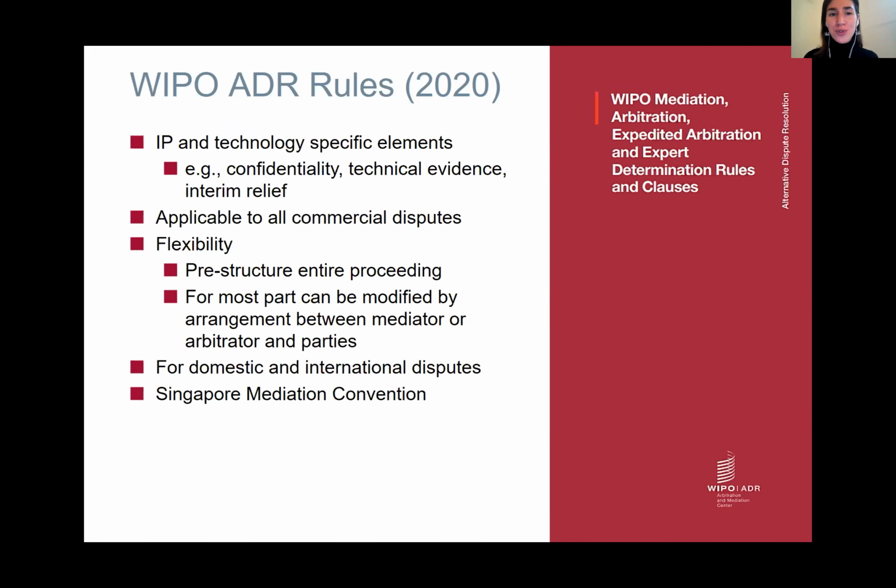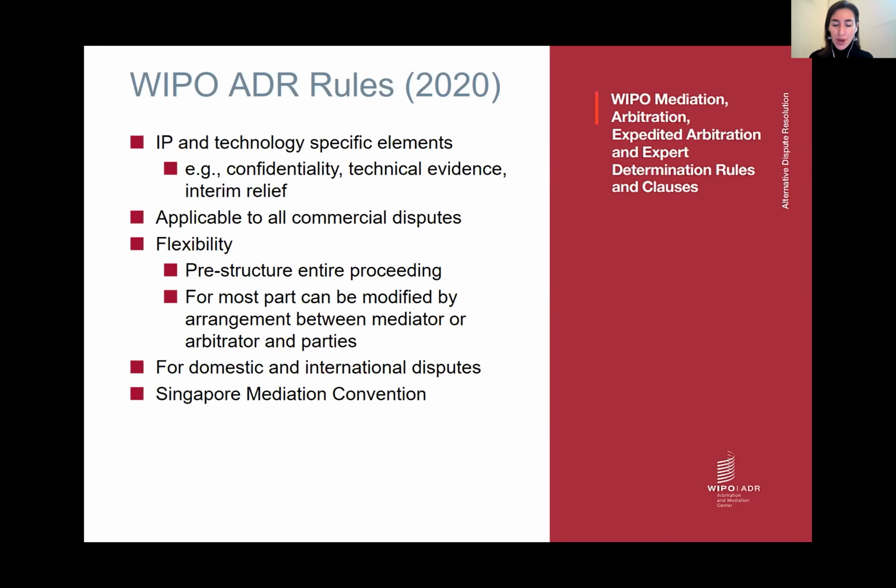Of course, we do have rules, mediation rules, arbitration rules. And these rules, they are applicable and suitable for all commercial disputes. So we have also provisions on consolidation, interim measures. But on top of that, we also have a couple of provisions that were really drafted thinking of intellectual property disputes.